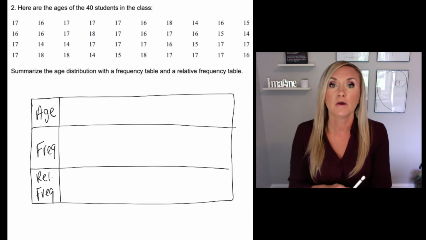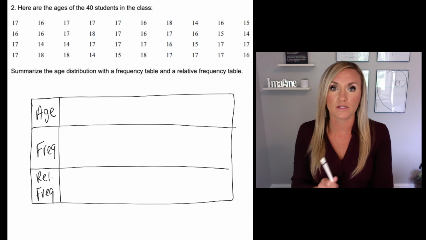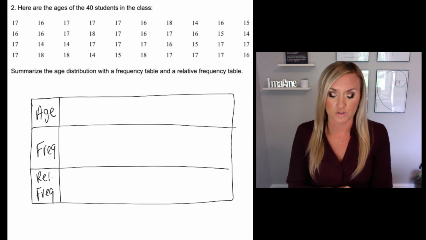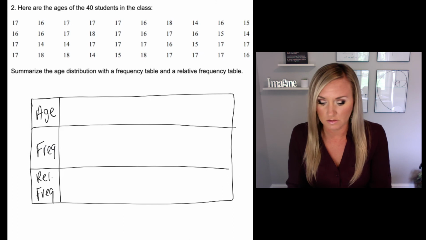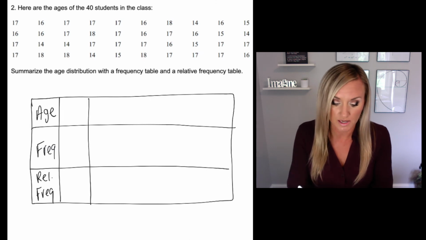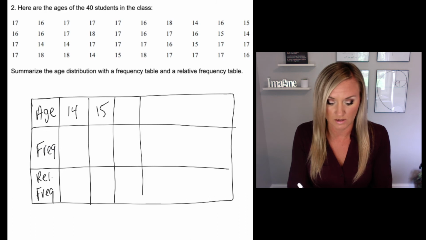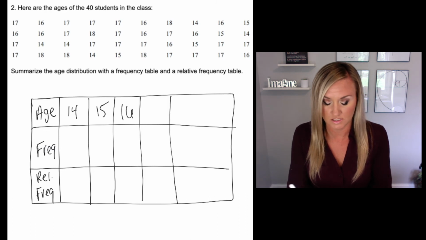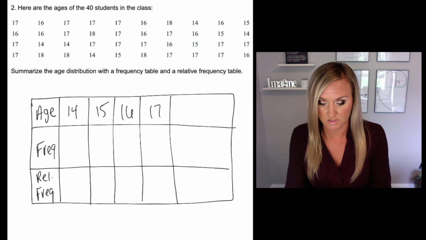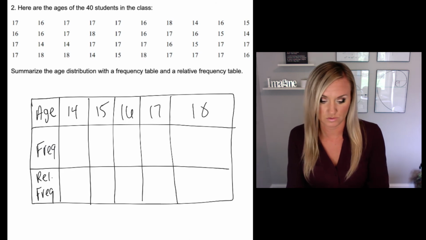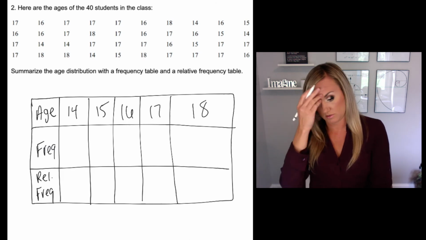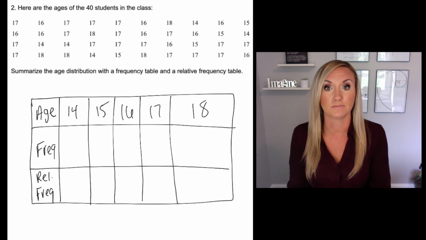Now we have to think of what is the youngest age in this particular stats class. If you look through all of those numbers, it looks like the youngest age is 14. So we have 14, 15, 16-year-olds, 17-year-olds, 18-year-olds. And then that's it.